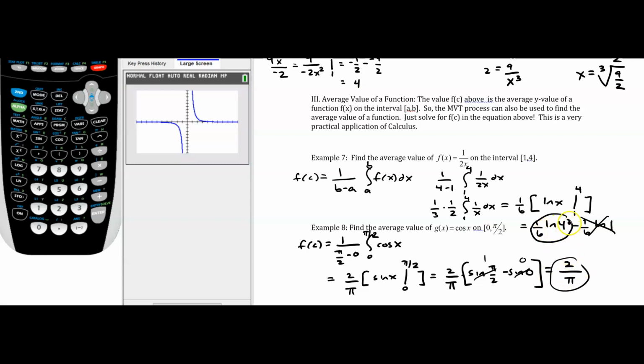What you want to do is take this and substitute it in for y into your original function. So like here, if I wanted to know the x value that leads to my average y value of 2 over pi, I set 2 over pi equal to cosine of x, and then I could solve for x. Or here, I would set 1 over 6 times ln of 4 equal to 1 over 2x, and again, solve for x.